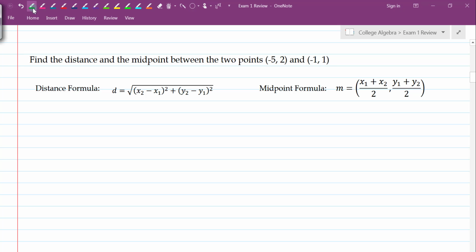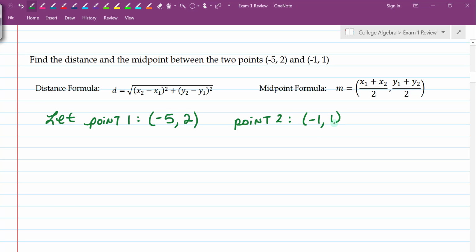So we're going to let point 1 be (-5, 2), and we're going to let point 2 be (-1, 1).